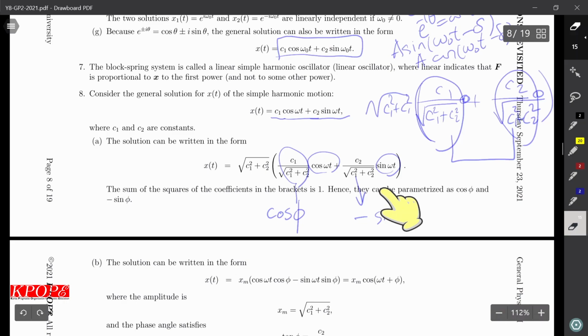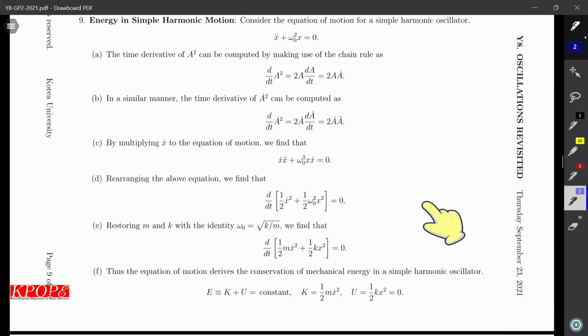Energy in simple harmonic motion. The simple harmonic oscillator satisfies this equation. By making use of the chain rule, the derivative of a squared is 2a times the derivative of a. The time derivative is expressed in terms of a dot, so 2a times a dot is the time derivative of a squared.